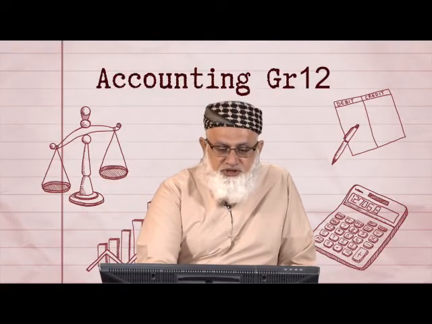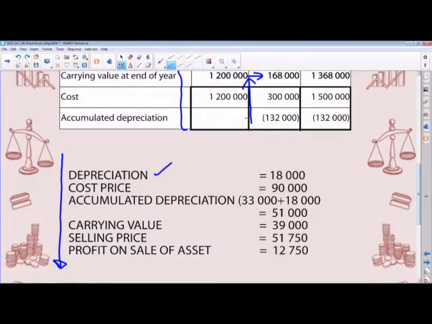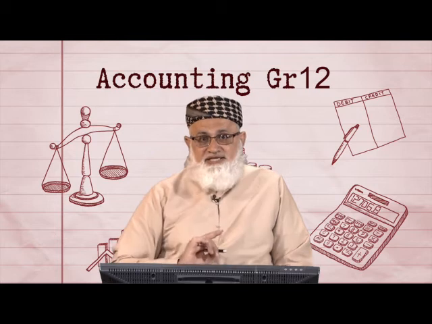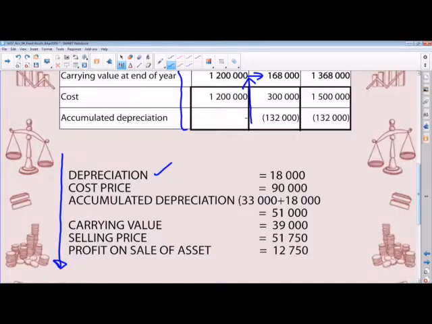Watch. Start off with your depreciation. What would that entail? That would be your depreciation for your current year. Right. You've got the cost price of the asset. That was the initial cost price that the asset was purchased at.